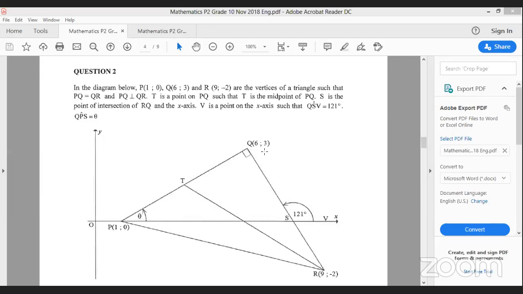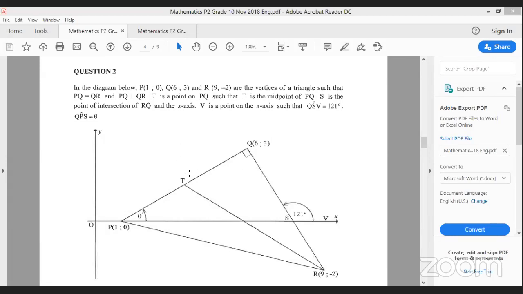You need to be familiar with your formulas: your distance formula, your midpoint formula, your gradient formula, and the area of certain shapes, the area of 2D and 3D shapes. So you need to be familiar with that.